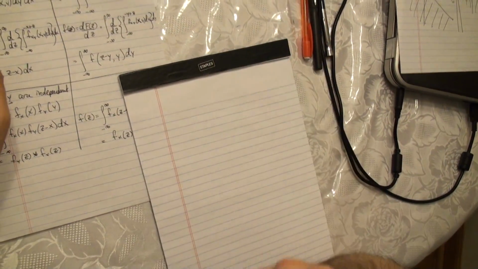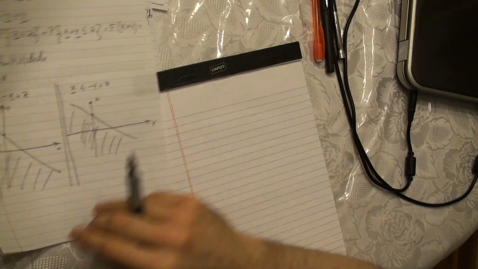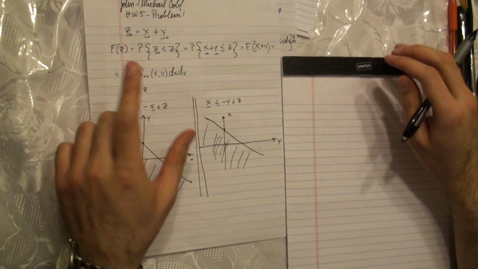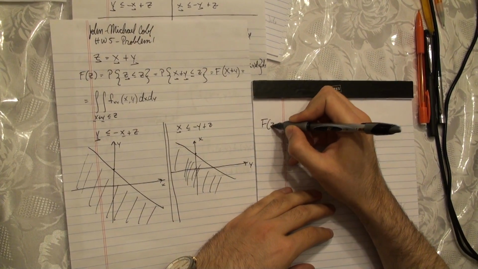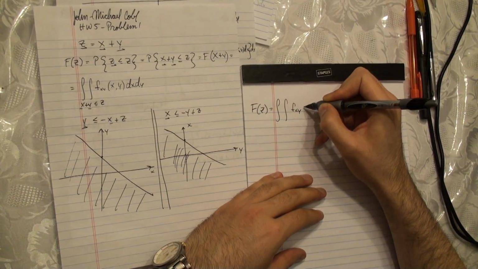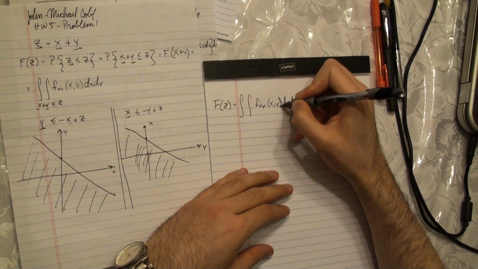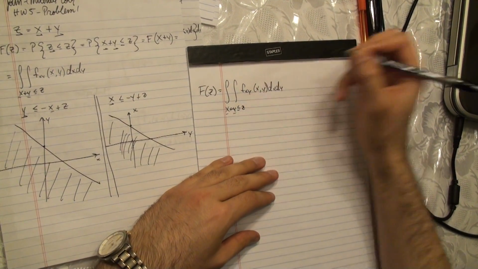So coming back to this integral, which is our original integral, which was big F of z equals this, dx dy, over x plus y less than or equal to z.